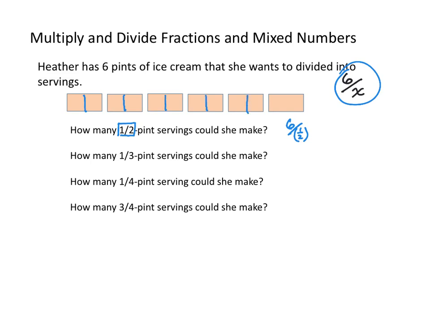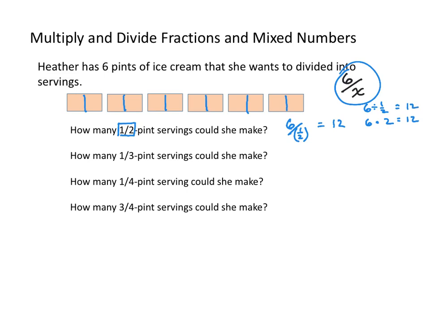If you count them up, there should be 12. So 6 divided by 1/2 is the same answer as 6 times 2. 6 divided by 1/2 is 12. 6 times 2 is 12.